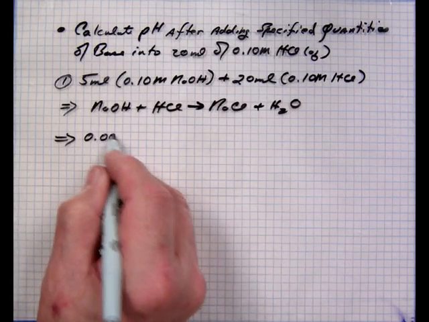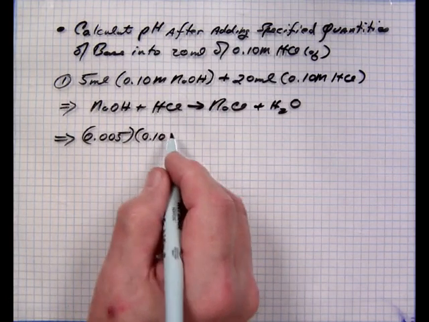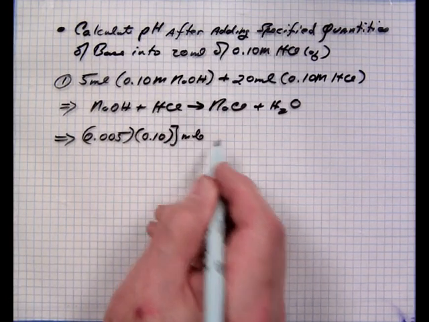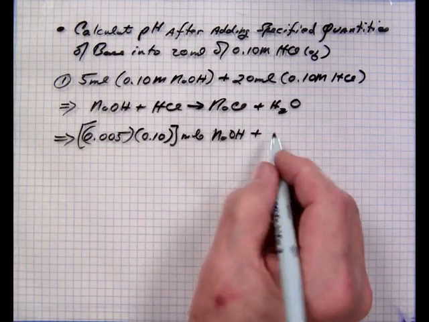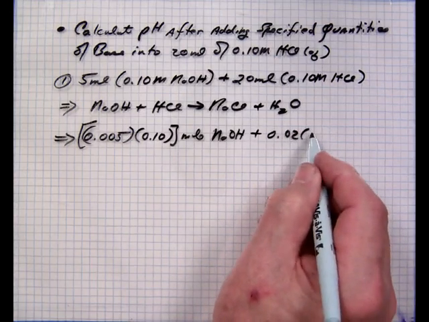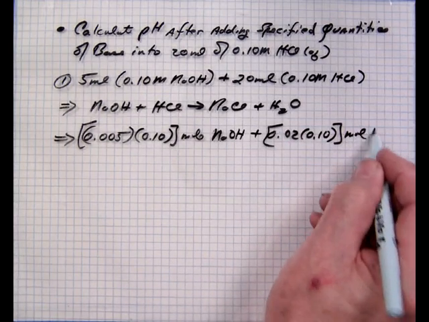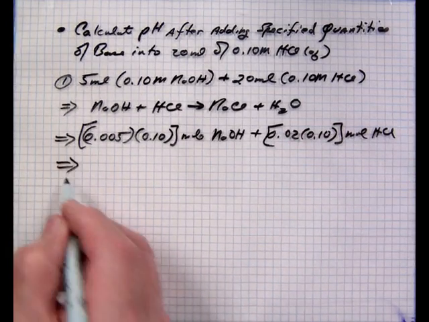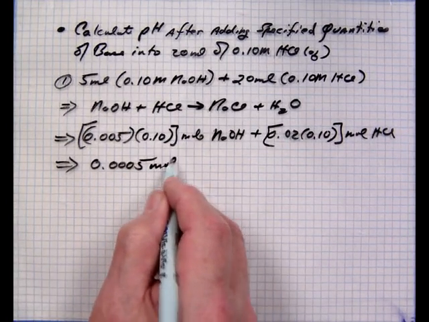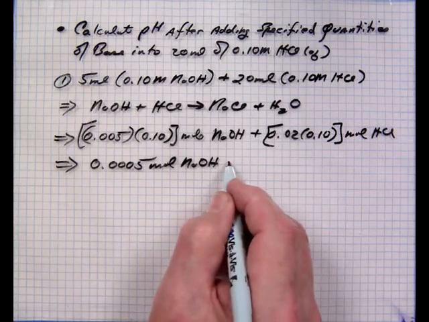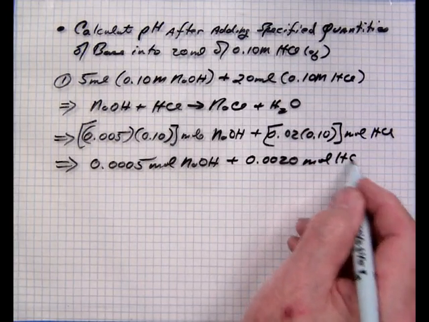That'll be 0.005 times 0.10 mole of sodium hydroxide, and that's added into 0.02 times 0.10 mole of hydrochloric acid solution. So now that gives me 0.0005 mole of sodium hydroxide plus 0.0020 mole of HCl.